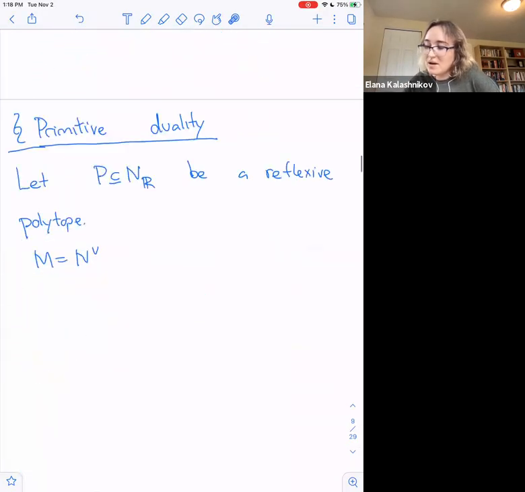So let me tell you first about the variation on polytope duality that we're going to need. Let P inside a lattice N_R, so it's a lattice polytope, be a reflexive polytope, and I'm going to let M be my dual lattice. And so I want to define the primitive dual of P, as opposed to just the regular dual of P, as follows.